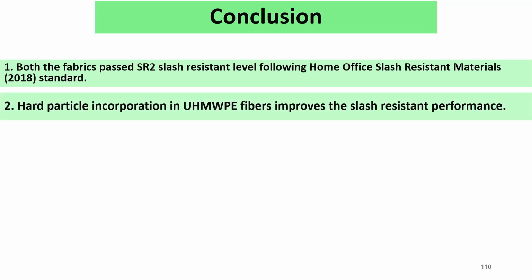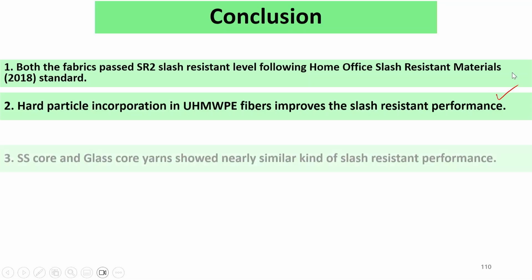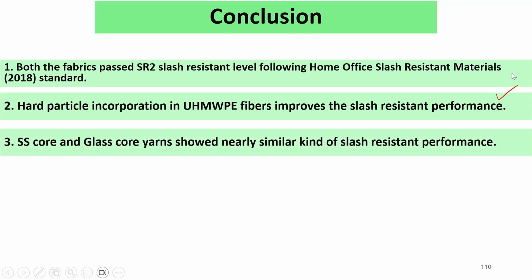Hard particle incorporation in ultra high molecular weight polyethylene fibers improves the slash resistant performance. SS core and glass core yarn showed nearly similar slash resistant performance.